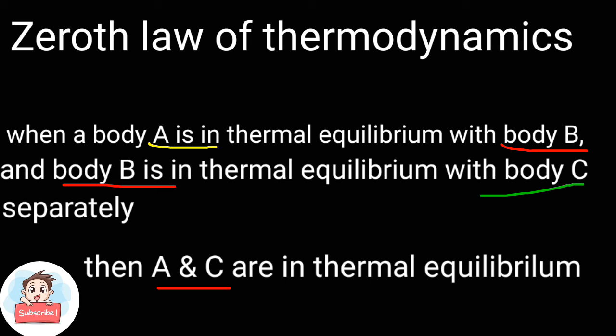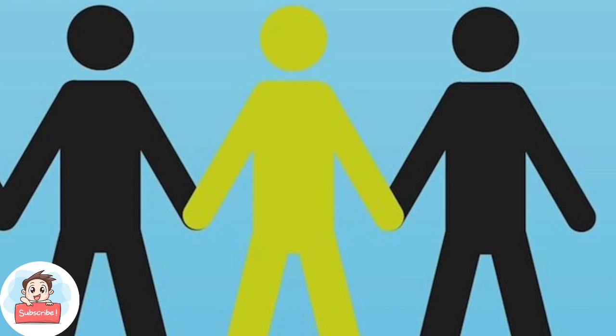Before we discuss the concept of the zeroth law, it's better to see one general example to understand it. With the help of that example, I hope it is easy to understand this concept. It is not a subject-related example, it is only for your understanding.